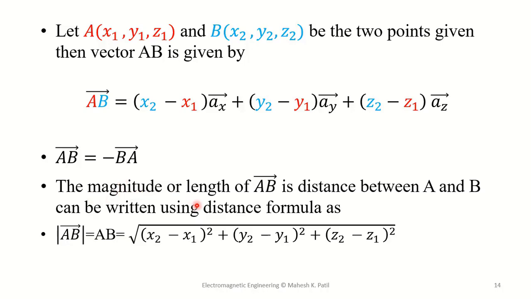The magnitude or length of vector AB is the distance between A and B. Using the distance formula, mod of vector AB is equal to AB, which can be written as the square root of x2 minus x1 bracket square plus y2 minus y1 bracket square plus z2 minus z1 bracket square. This is the magnitude of vector AB.